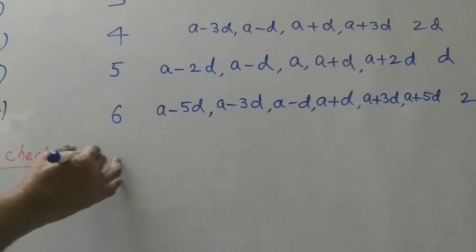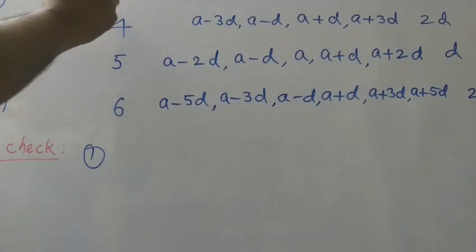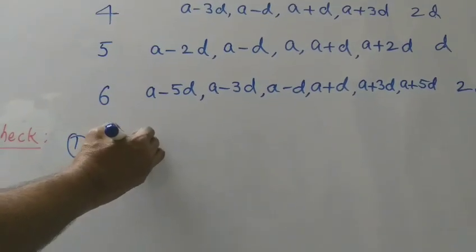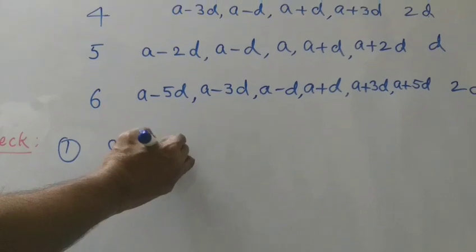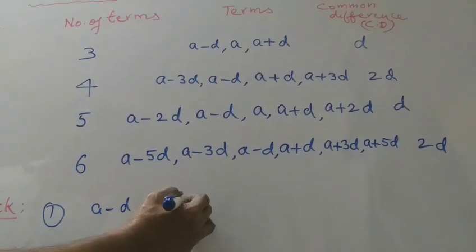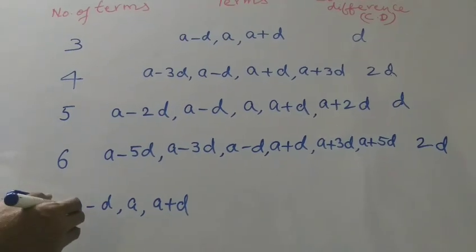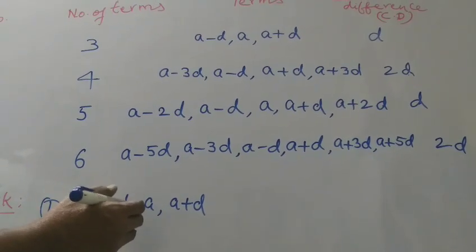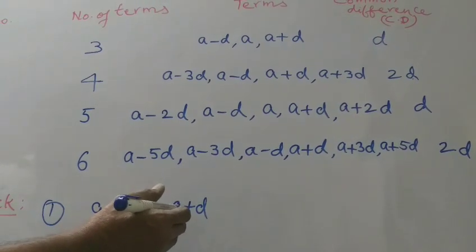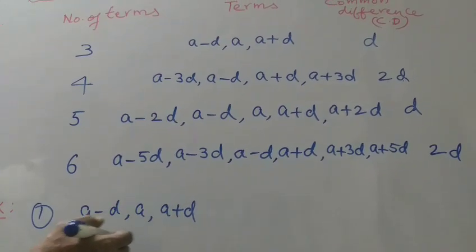The first one, number of terms 3. What are they? They are a minus d, a, a plus d. In this, the first term is a minus d, second term is a, third term is a plus d.